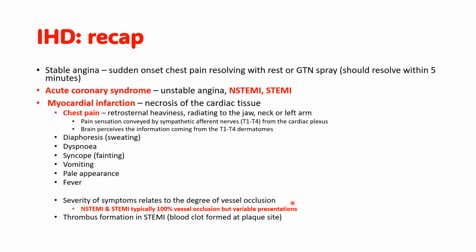So they're very variable, and the way to differentiate between NSTEMI and STEMI is to look at the ECG, because whether it's an NSTEMI or a STEMI determines the management pathway, which we're going to be talking about later in the video. And then thrombus formation, you have that in STEMI, and a thrombus, like we mentioned in previous videos, is a blood clot which is formed at the plaque's site.